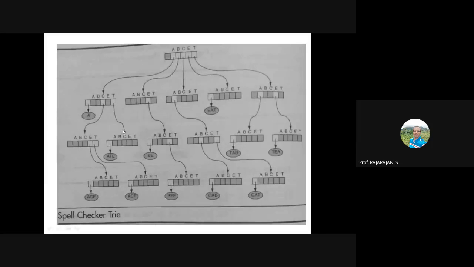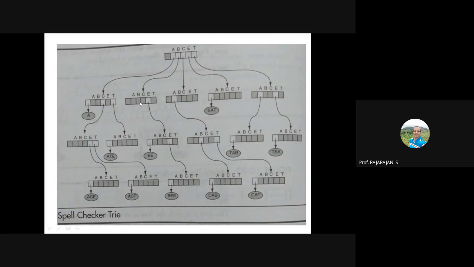For example, let's say your question says that you need to include the word BAT. Is it already there? Okay, it's not there. So for BAT, you have to connect B with this particular node, and then you have to make this not null. Right now A is null in the second level because there is no word having the combination BA.